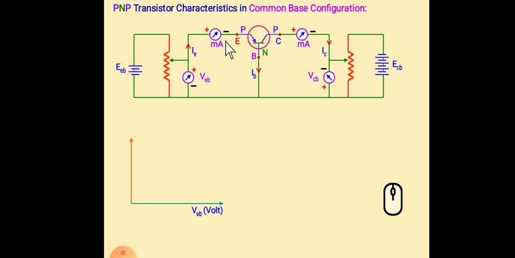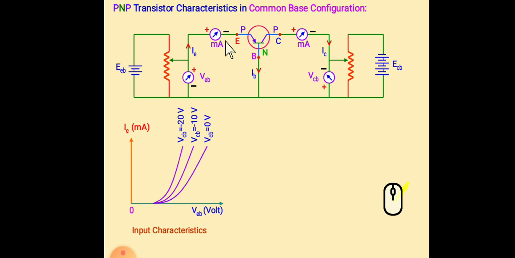So we can find input characteristics. To find the input characteristics, we have to draw characteristics between input voltage, that is emitter base voltage, and input current, that is emitter current IE. So IE is taken along the y-axis and emitter base voltage is taken along the x-axis.